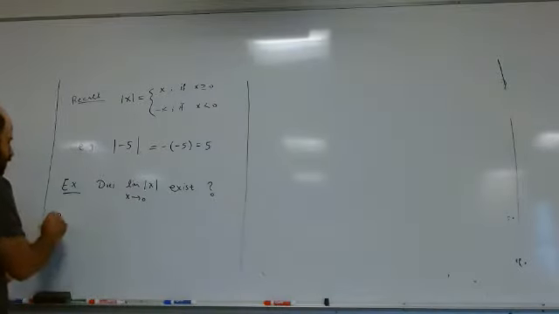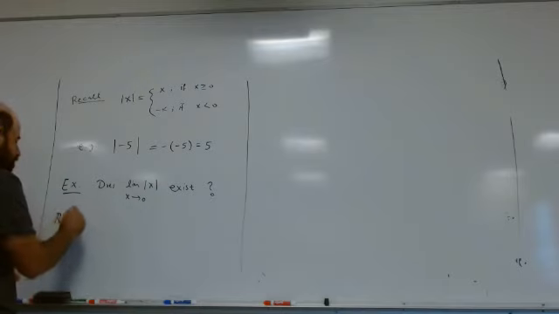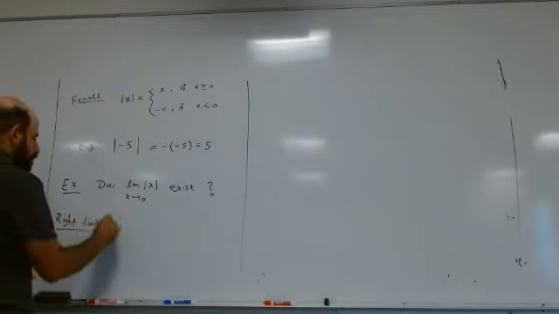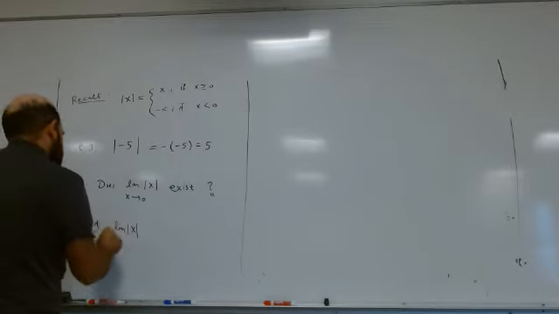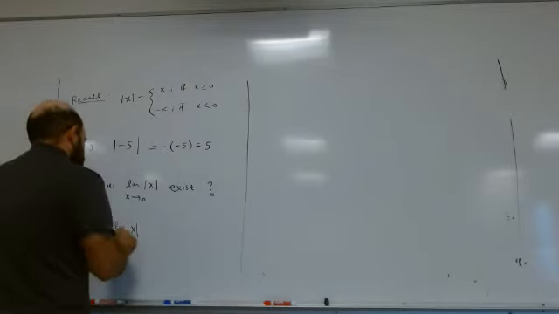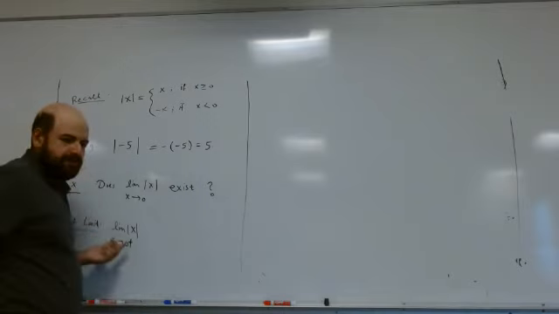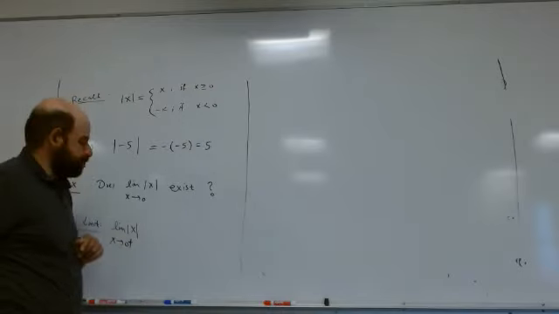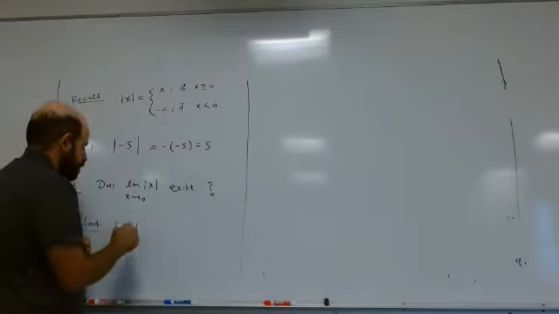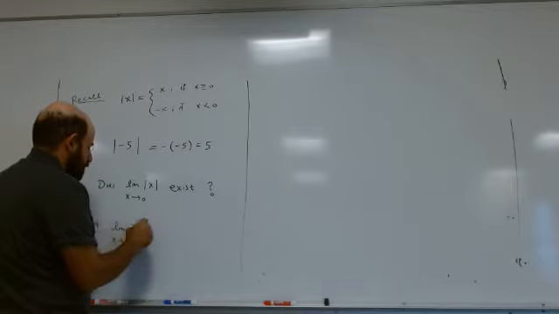The right limit: absolute value x as x approaches 0 positive. 0 positive means x is approaching 0 from the right. How much is this?